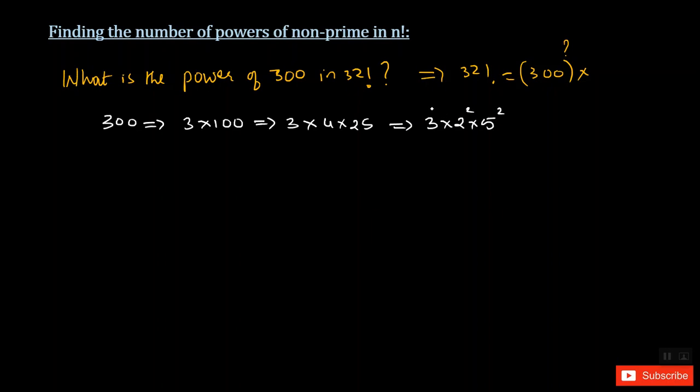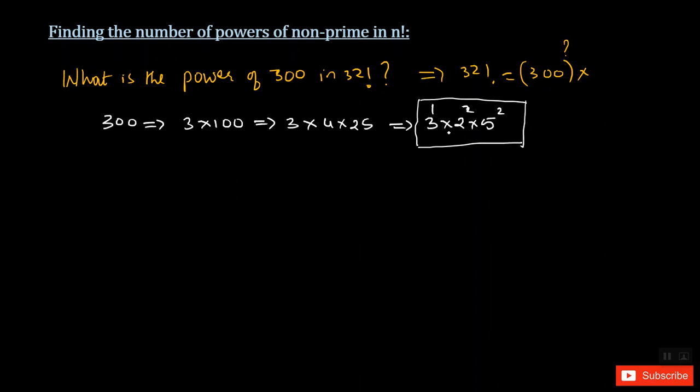These are the powers of 2, 3 and 5. It means that to make 300 I should have one 3 multiplied by two 2's multiplied by two 5's, because the power says I'm using 5 two times, 2 two times, and 3 one time.